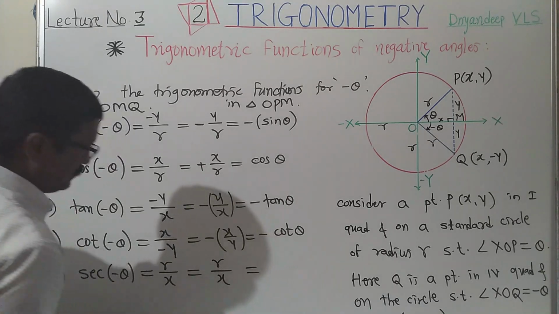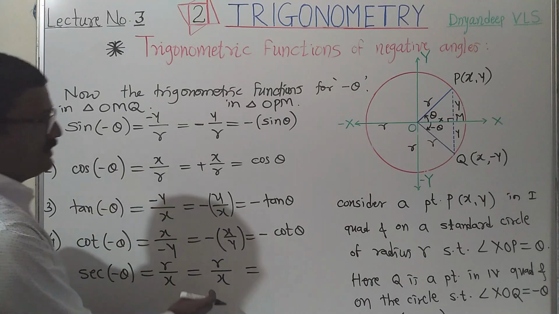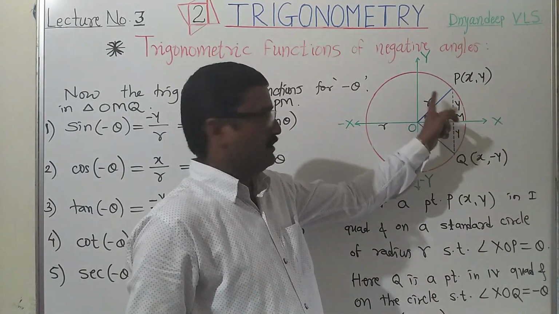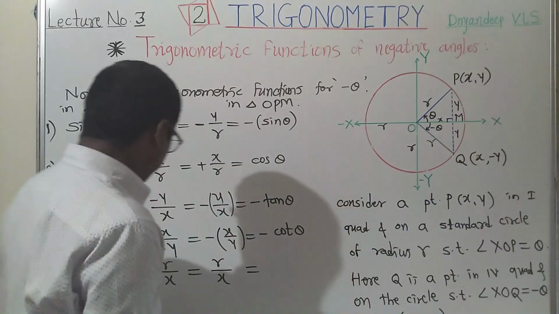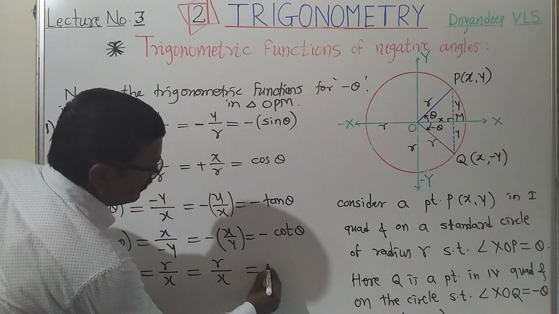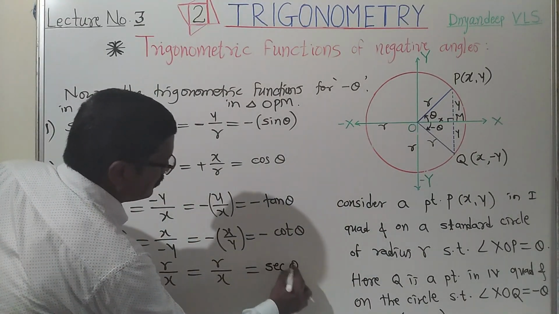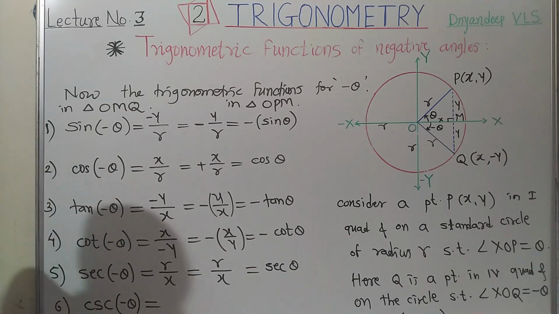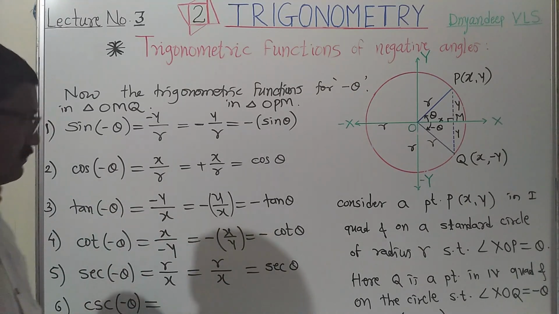So r upon x in this triangle is nothing but hypotenuse upon adjacent, that is sec theta. So sec of minus theta is same as sec theta. Last one, that is cosec minus theta. So find the cosec ratio for negative theta.